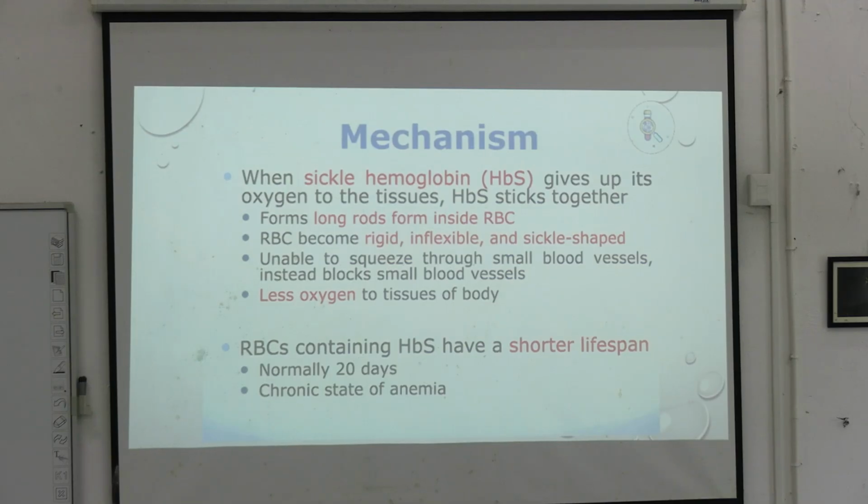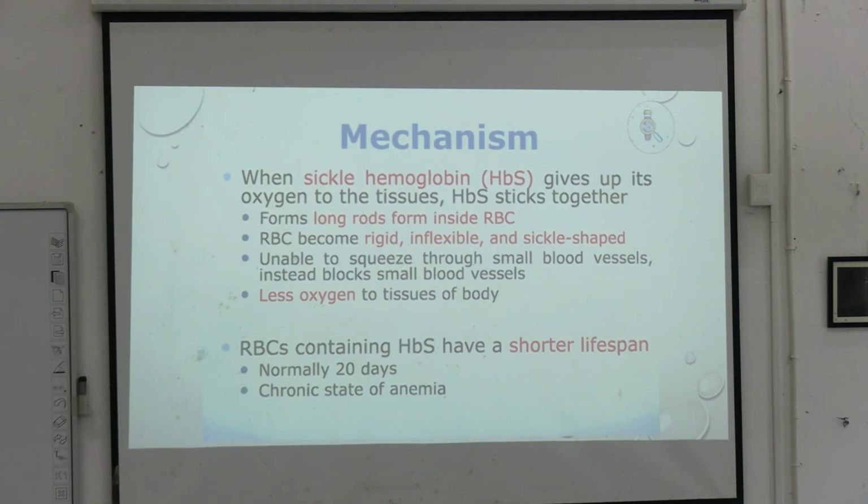Now as I told you, what is the mechanism? If all the RBCs are developing into sickle cells, they will become very sticky and clump together and clog the vessel walls. Once they clog the vessel walls, your oxygen transport will be hampered. And the lifespan of these RBCs will be 20 days, so this will lead to hemolysis.